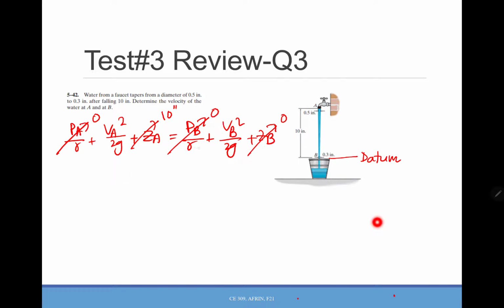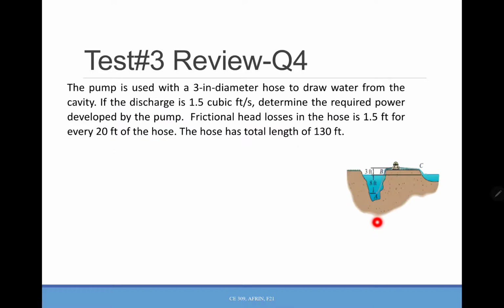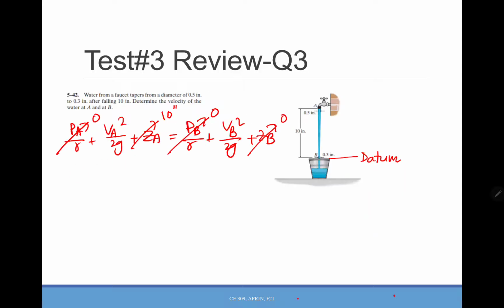Now you see you have VA squared and VB squared over 2G, so that is two unknowns, and you have only one equation, so you need one more equation. For A and B you know the area but you don't know the velocity, but you can say that QA equals QB because there are no other inlets or outlets here.